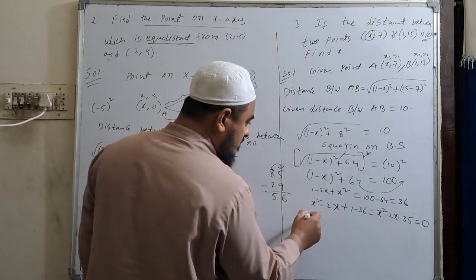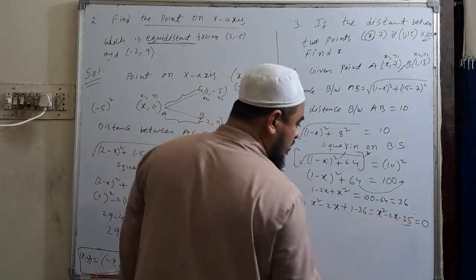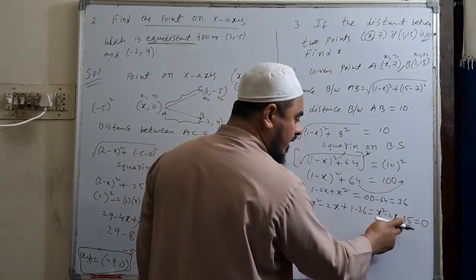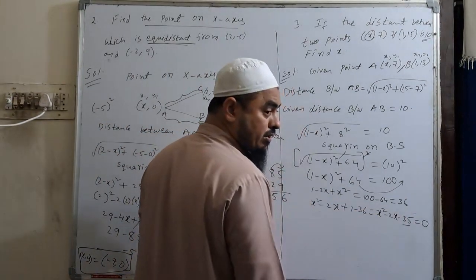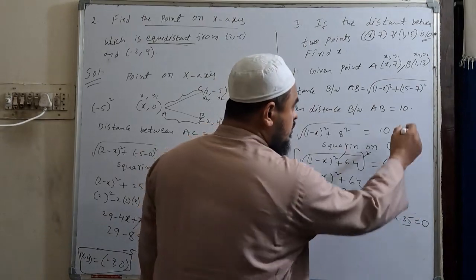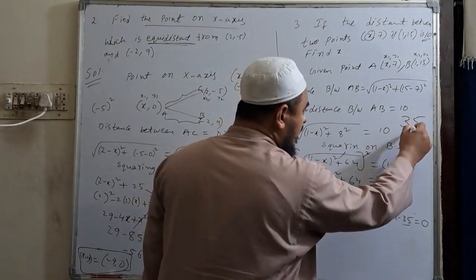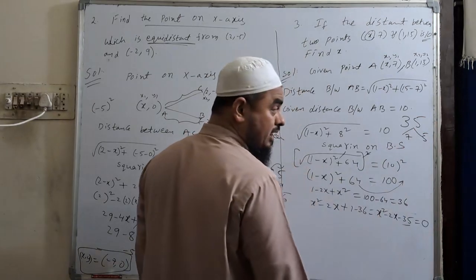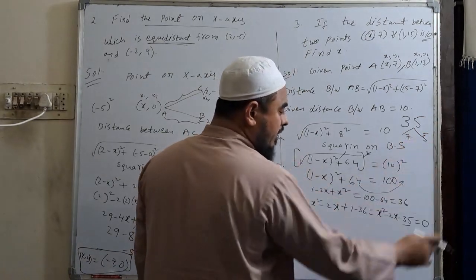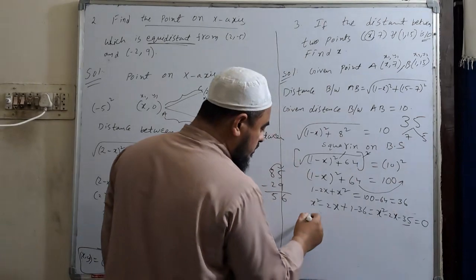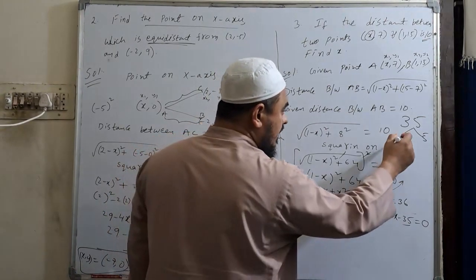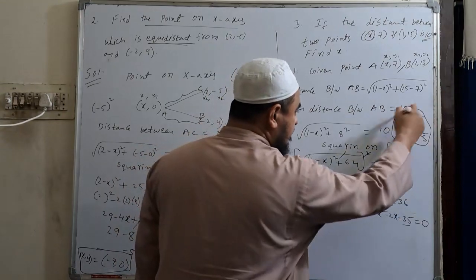Okay, so now you need to find the two values which when we multiply should give minus 35, and when we add should give minus 2. What are those two values? 35 you can take as 7 into 5. 7 into 5 is 35, 7 minus 5 is 2. So like that you have to find it. Since we want minus, keep it as minus 7.